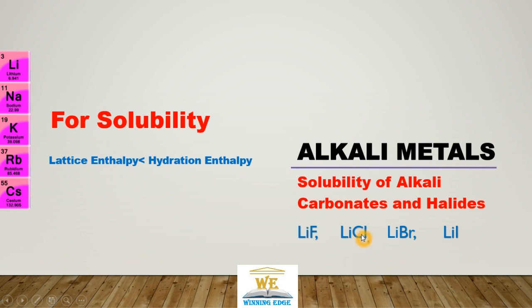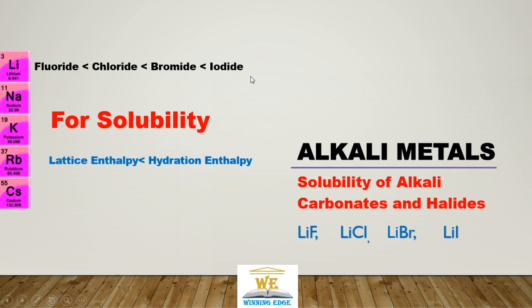From here, the size of the anion keeps on increasing. If you remember Fajan's rules, the smaller the size of the cation and the larger the size of the anion, the higher the covalent character of that molecule.